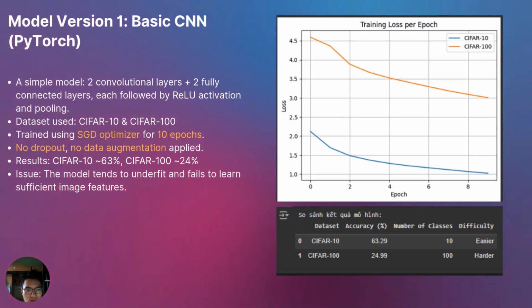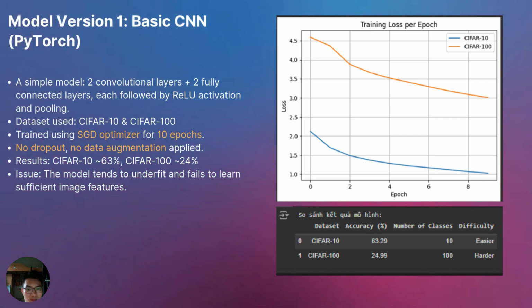Okay, this is code version 1 that I developed. In this version, I used two convolutional layers and the SGD optimizer with 10 epochs.